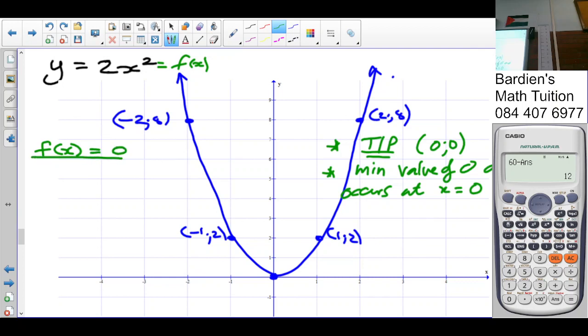That's number 1. Where's f of x greater than 0? And where's f of x less than or equal to 0? Firstly, where's f of x equal to 0? Where f of x is greater than 0? And where f of x is less than or equal to 0?